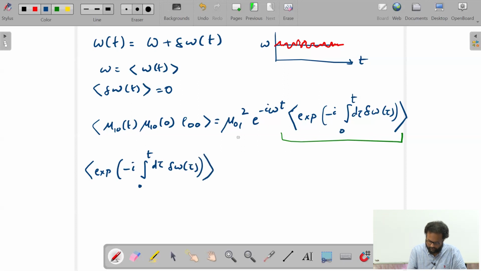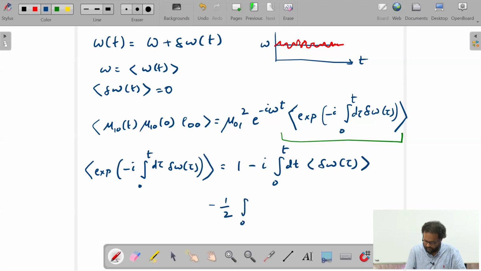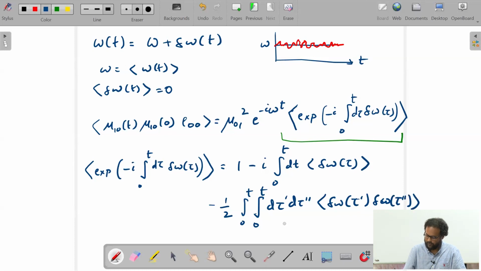Basically, the overall phase acquired will be 1 minus i integral 0 to t dt of something which goes linear in delta omega, then of course something which goes quadratic with delta omega, and so on and so forth.